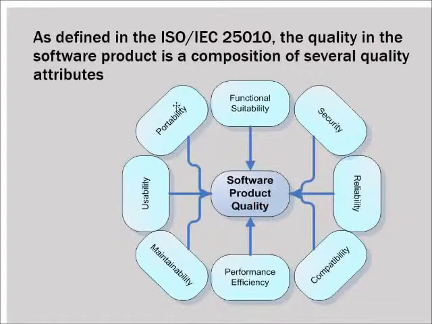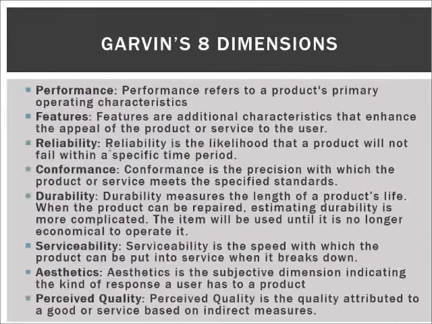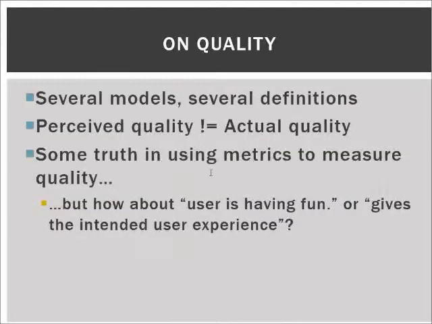So, the identification of the important attributes, whether they are from the ISO IEC 25010 or from Garvin's dimensions, is important so that the metrics and measurements can be designed.